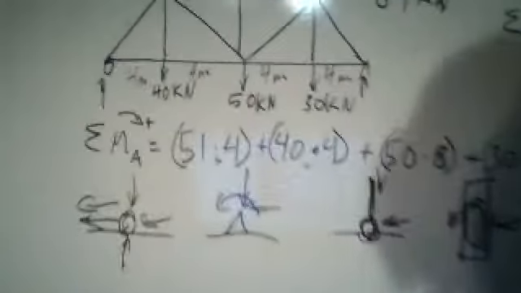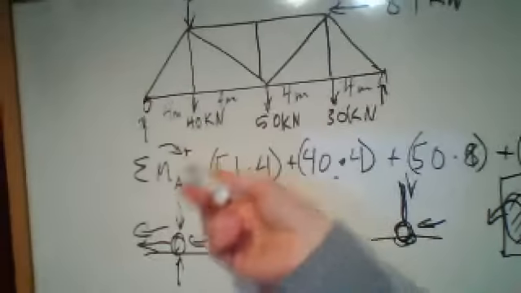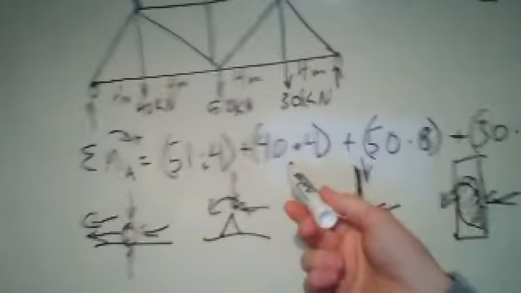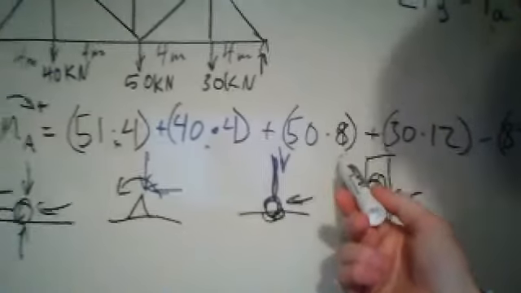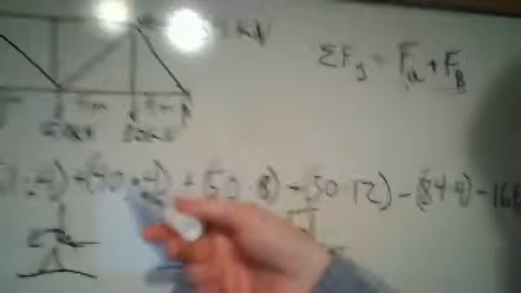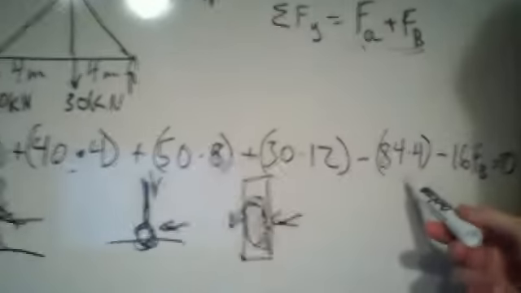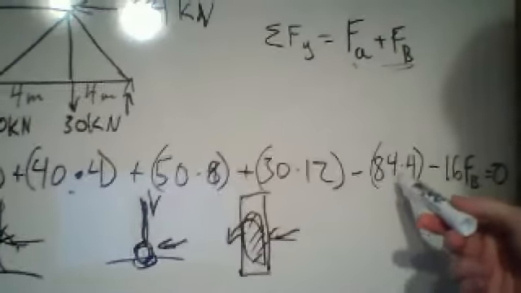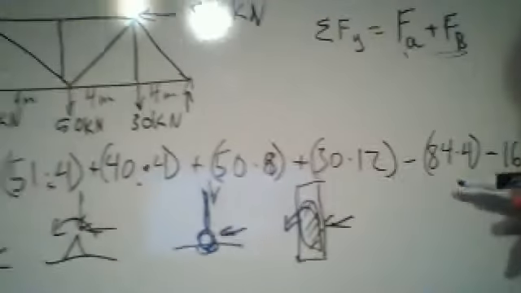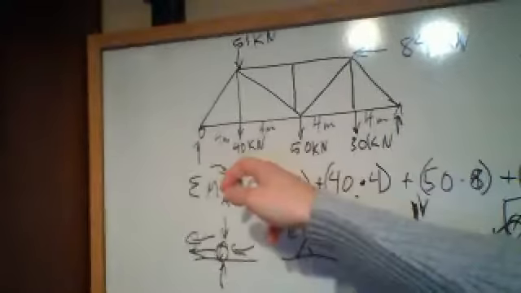So we got your 51 times 4 because it's 4 meters to the right of A. You have your 40 times 4 because it's also 4 meters away, 50 times 8, and 30 times 12 because it's 12 meters away. Since this one was 84 to the right, you want to make sure that is negative because it is not the same direction as what we've already stated.